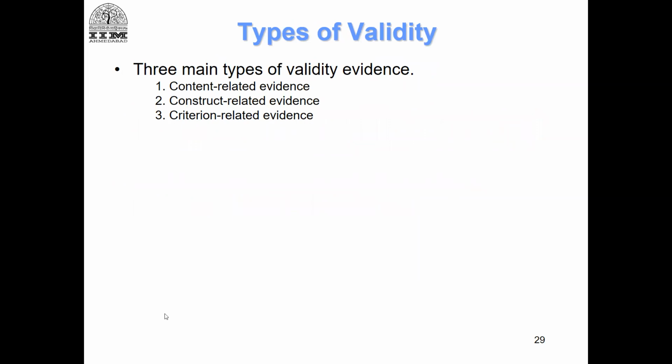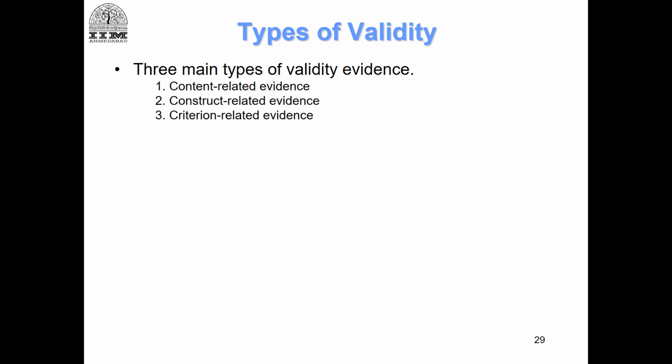Now, there are three kinds of validity that we will talk about, and we will test two of these validity in this workshop. So there are three kinds of validity. The first one is called content validity. The second is the construct validity.